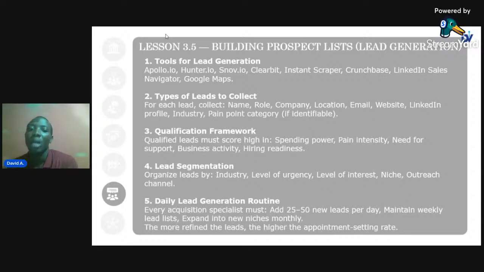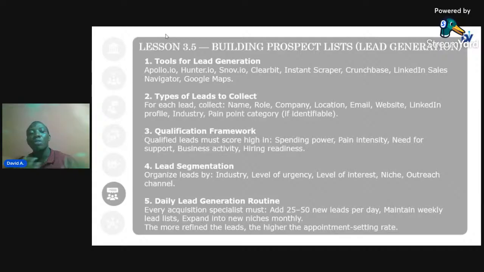You can also get the email address of the decision maker as well. Their website, LinkedIn profile, their industry, their pain points category. And we're going to talk about it when we are looking into lead generation practicals.